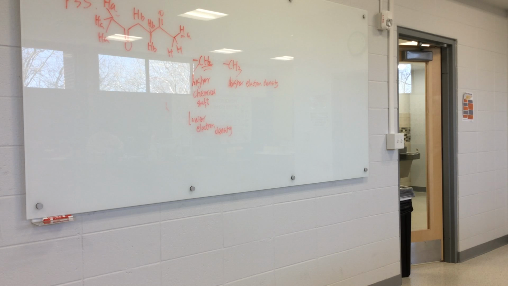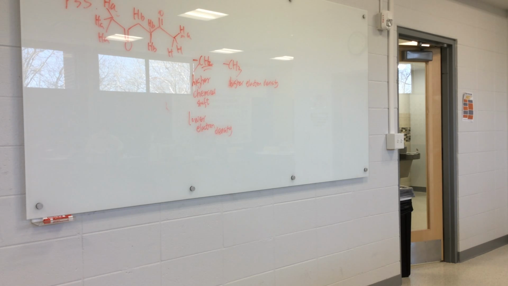So then the hydrogen here should have even lower density than the hydrogen here because it has CH2, not CH3. So C should be the most left, followed by D, right? And then followed by B, followed by A. You don't need to refer to this table, right?